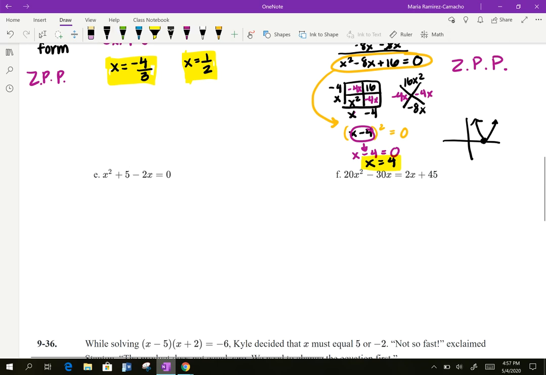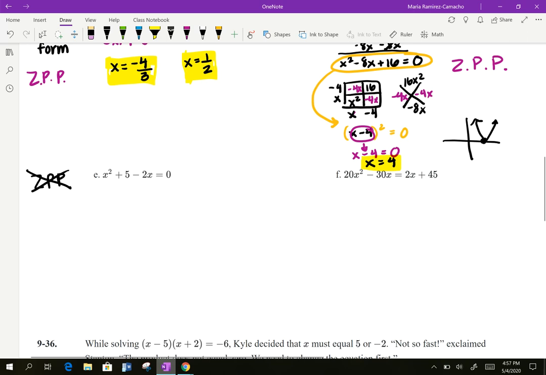I'll show you why not. If you draw your rectangle and your diamond and you put x squared here and this 5 here and this x term down here, no two whole numbers multiply to 5 and add to -2. So here ZPP does not work.